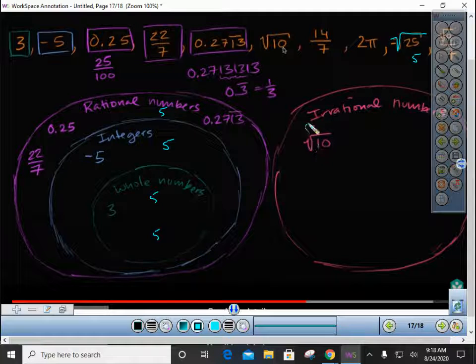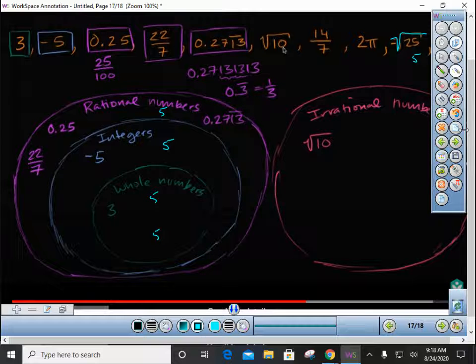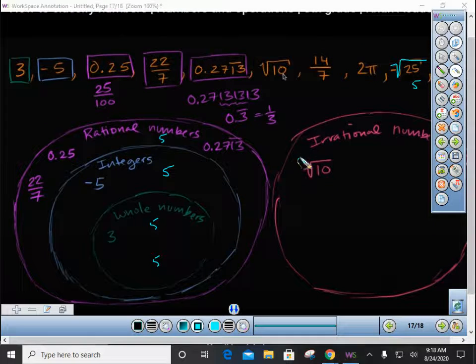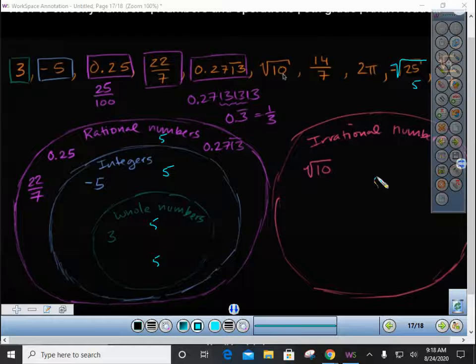Irrational numbers are the square root of anything that is not perfect. For example, the square root of 10 is an irrational number. And then the only irrational number we deal with is one that you've heard of, and it's on the wall in this room. It does not say this is an irrational number, but it is on the wall. What do you think it is?